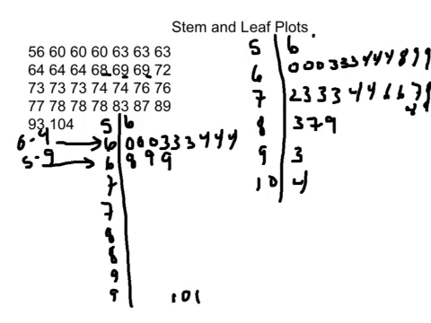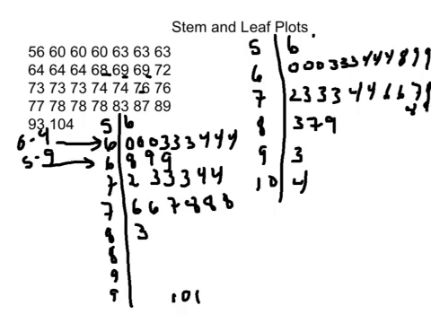So now 70s, so we'll go 2, 3, 3, 3, 4, 4, and now we're at 76, so that goes to the next one. 6, 6, 7, 8, 8, 8. And then for the 80s, we got an 83 goes up on this one, and then a 7 and a 9 go on the second one.